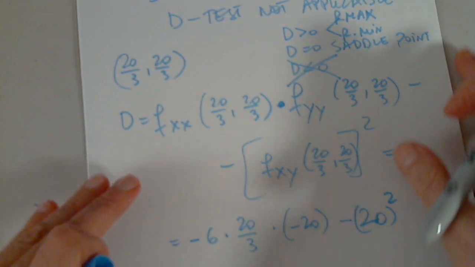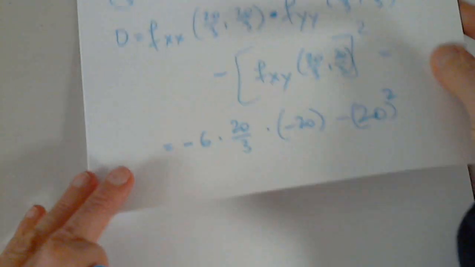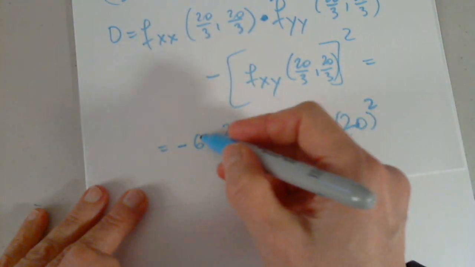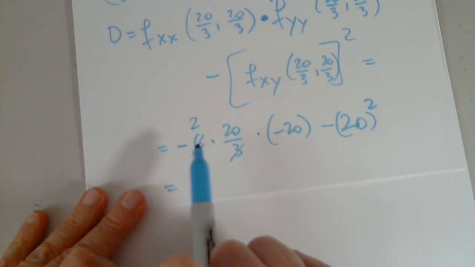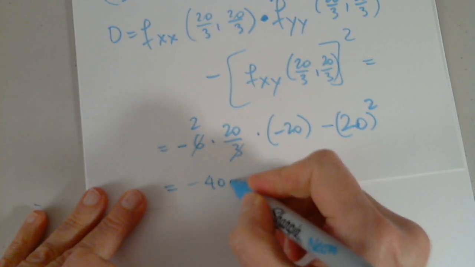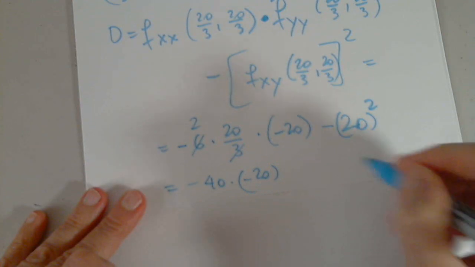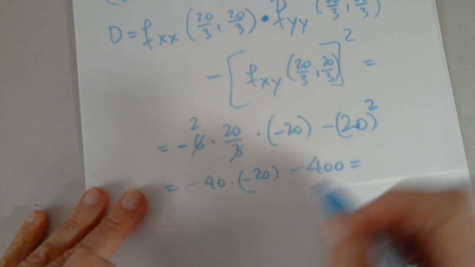Let's see what we get. I will simplify, and I get -40 times -20 minus 400.